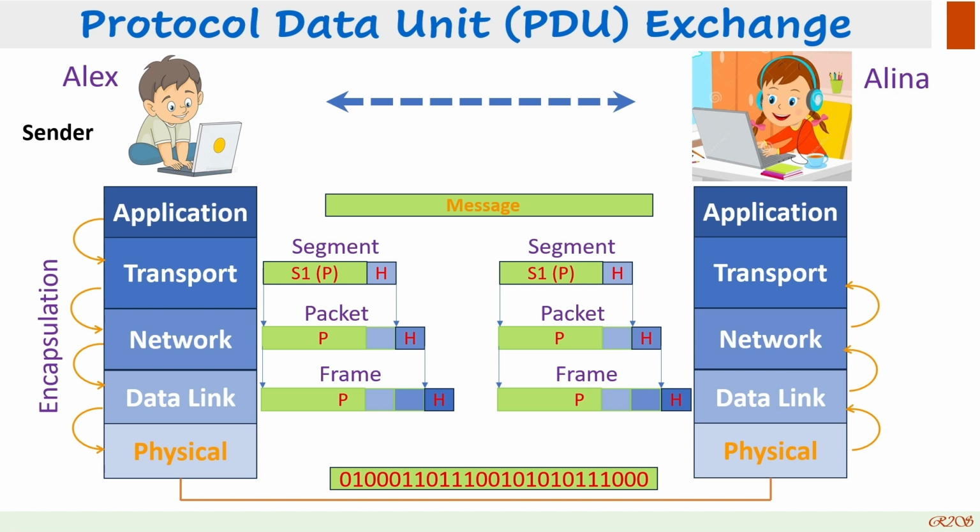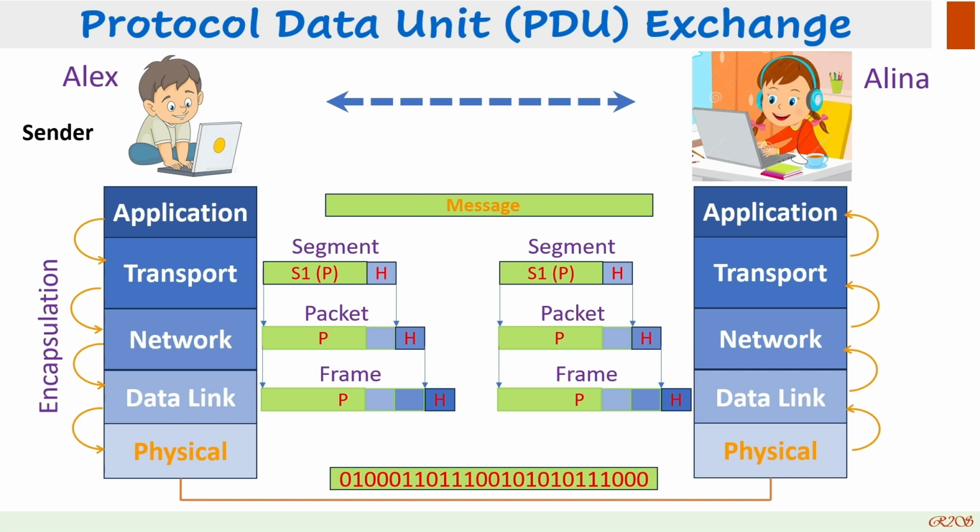Then the transport layer looks at its segment, strips off the header, and rearranges all the segments. When it receives segment 1, segment 2 and segment 3, it sends all 3 segments together to the application layer, and Alina now receives the message from her friend Alex, and Alina is happy.